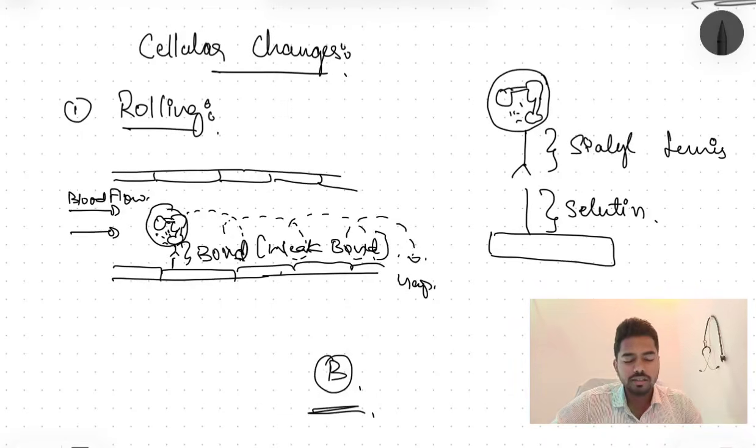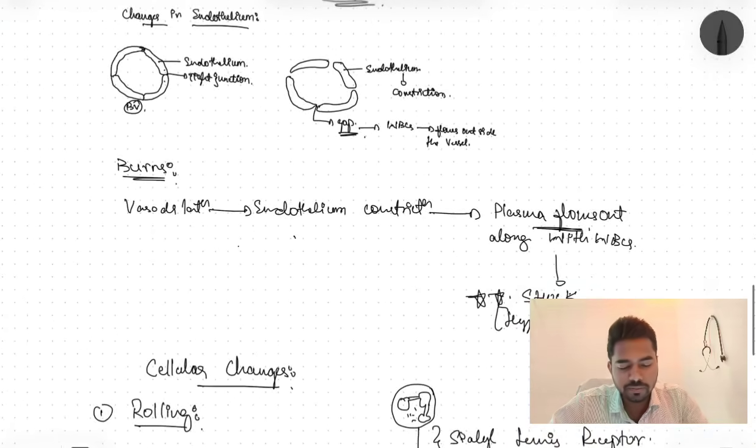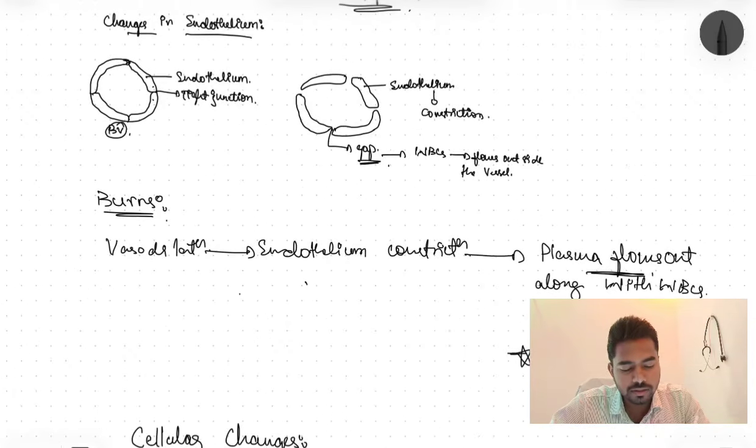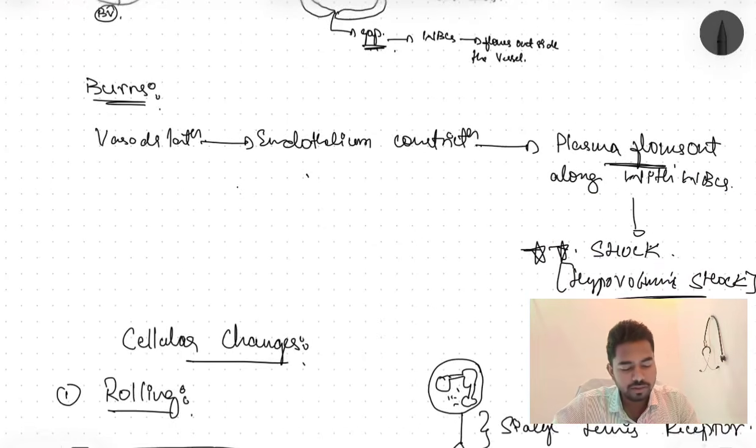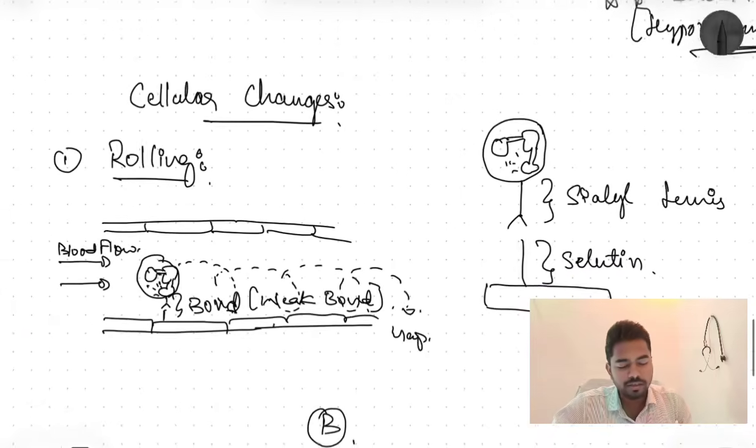Right guys, we know this now. Endothelium will leave gaps. If the neutrophil finds a gap, then it will stop.